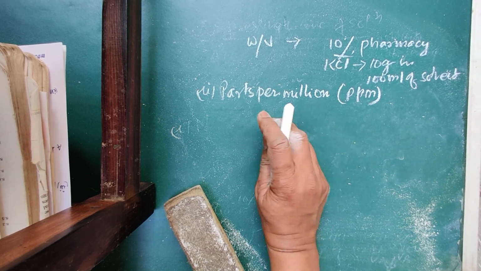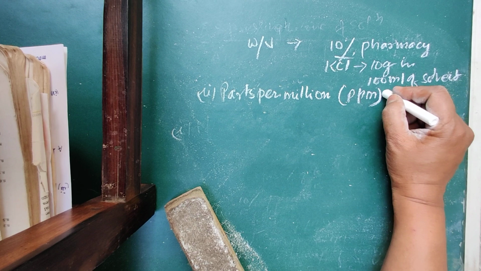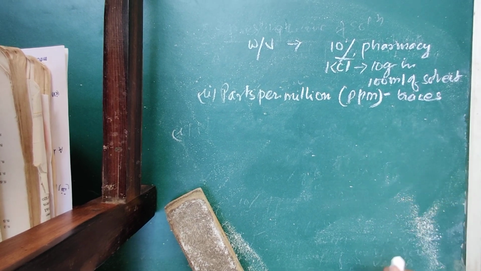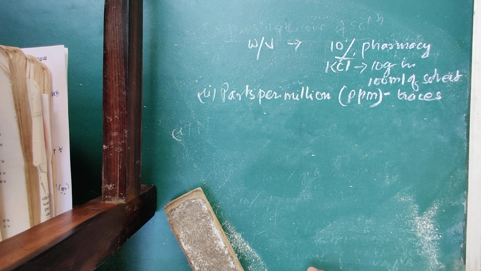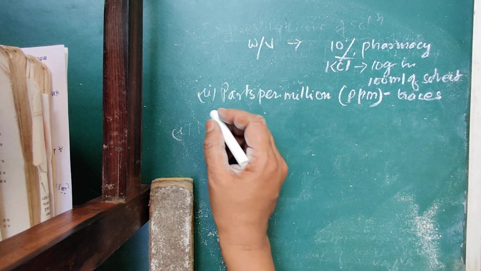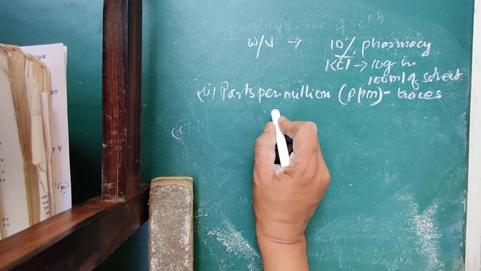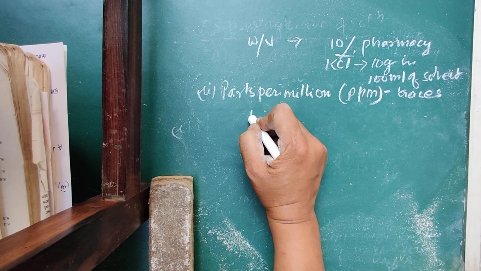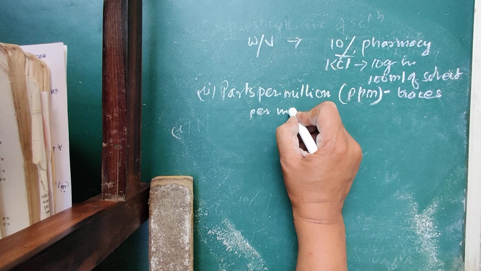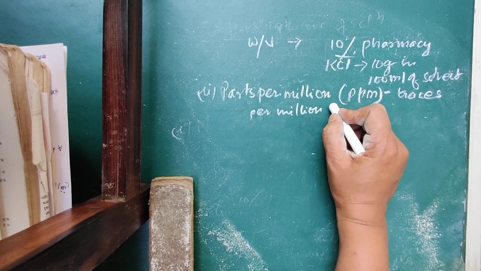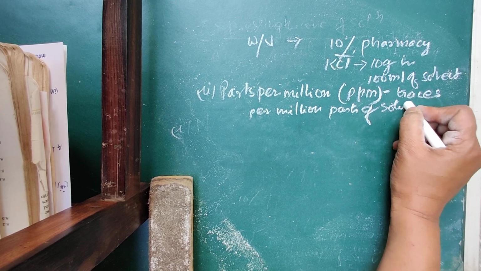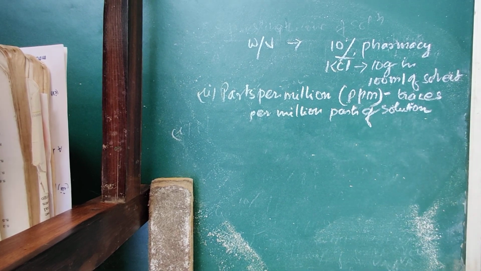If the solute is in very small amount, in traces, then this is used. It is parts of the component per million parts of solution.